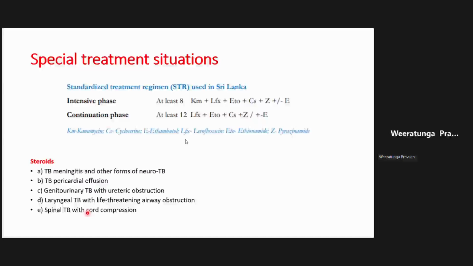So this is where you use steroids on top of the anti-TB medication. Pericardial effusion and laryngeal TB are not very common. But in the wards, you would have definitely seen TB meningitis and spinal TB with cord compression. ඒවට steroid අපි අනිවාර්යෙන් දෙනවා.